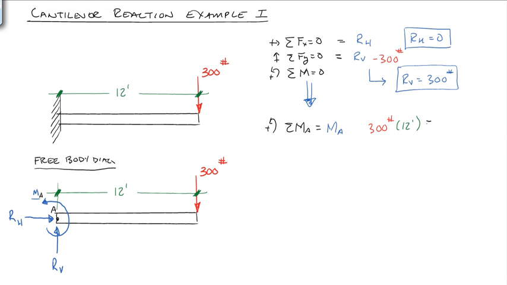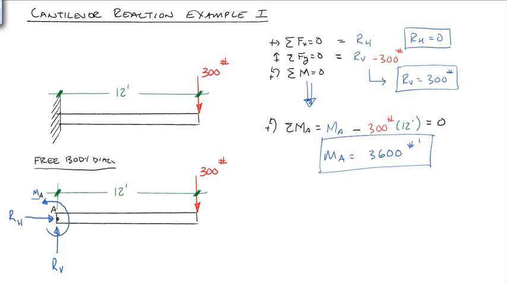Oops, that's negative. So we get directly MA is equal to 3,600 pound-feet. Okay, and we're done. So solving the cantilevers is actually simpler because we don't have two vertical reactions.